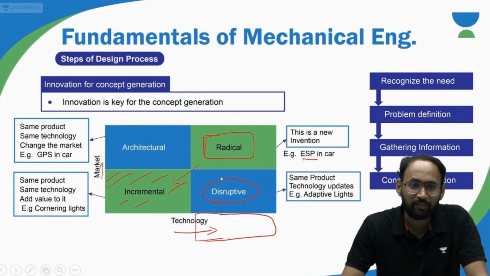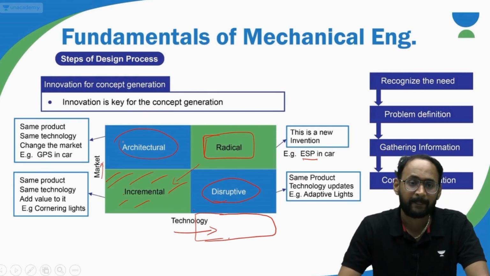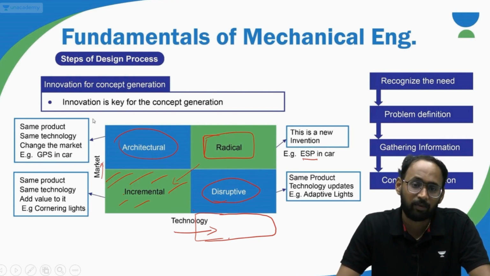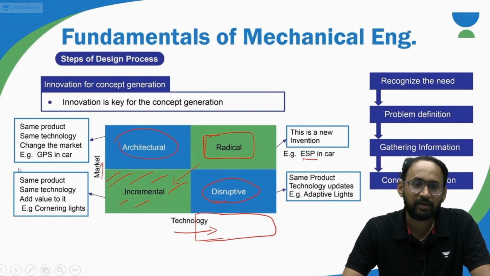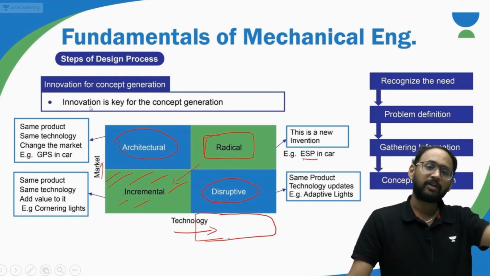Now the last one is architectural innovation. In architectural innovation, you have high market pull, but you don't need complex technology, rather a very simple or lower grade of technology. For example, GPS in a car. Here you have the same product, same technology, but the market is different.